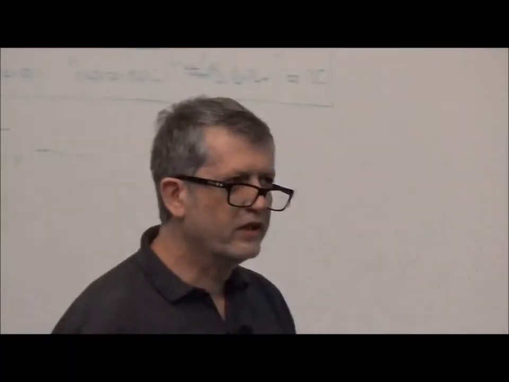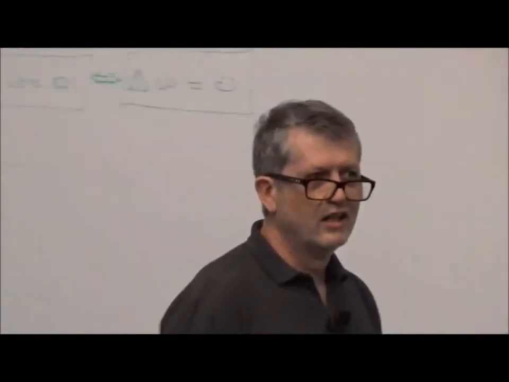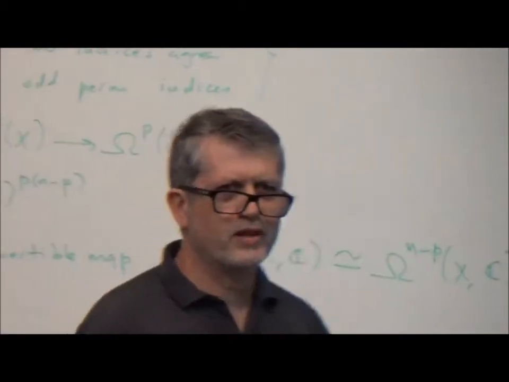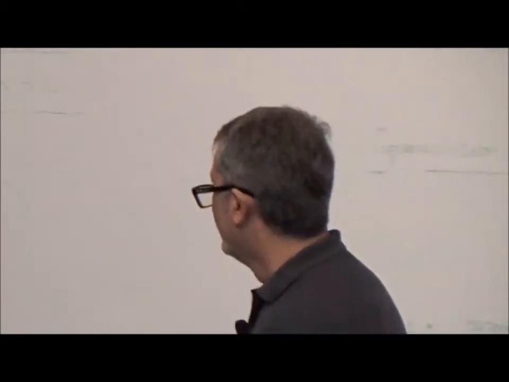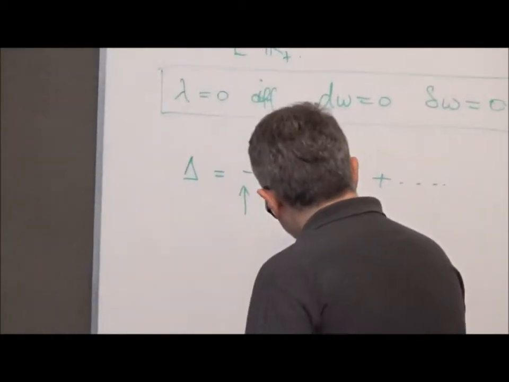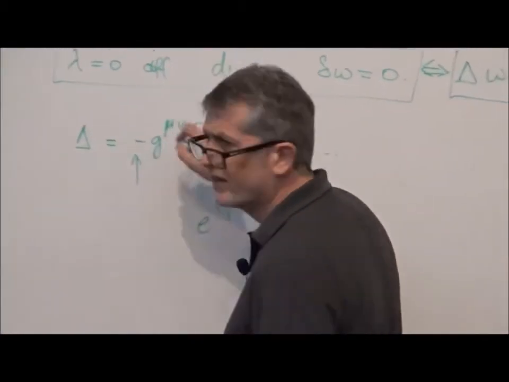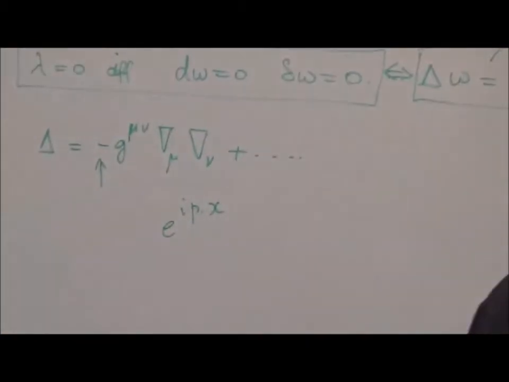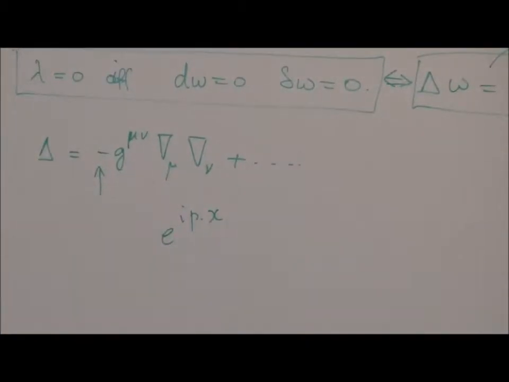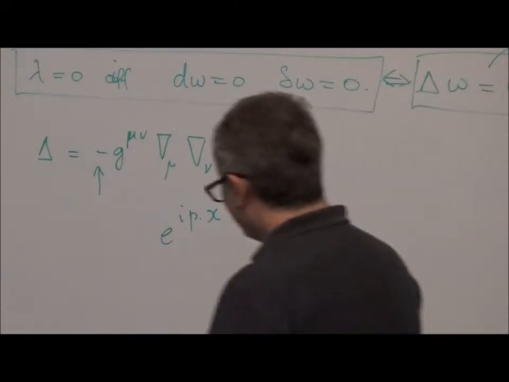A very good way of understanding that the sign is correct is to always think of your quantum mechanics. In quantum mechanics, everything you care about is plane waves, more or less. So now just think of these as partial derivatives. What happens if I act with two derivatives on a plane wave? It gives me a minus p squared.